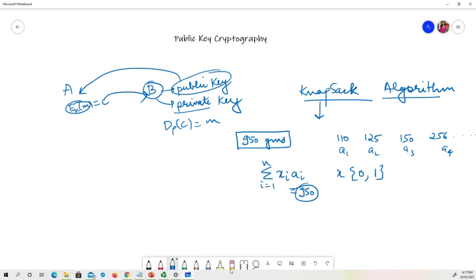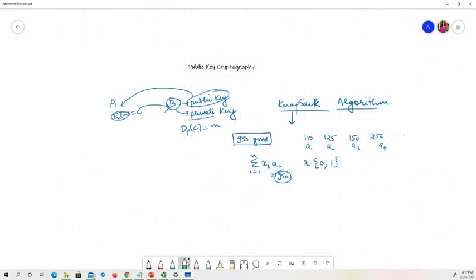Let me give you another example. Suppose you have a set of numbers 1, 6, 8, 15 and 24. These are A1, A2, A3, A4 and A5.